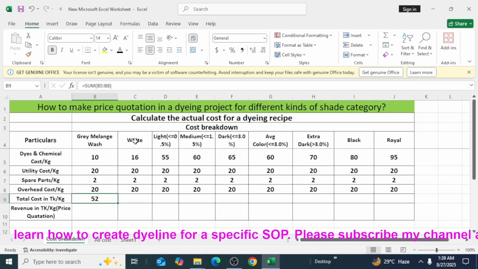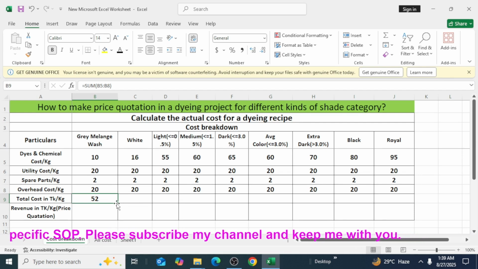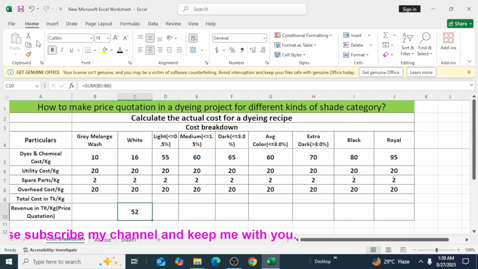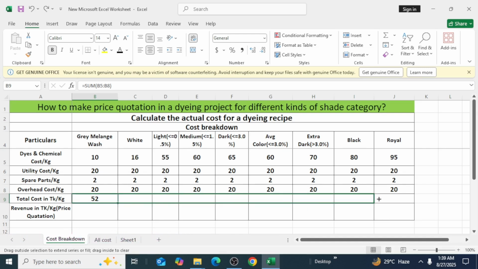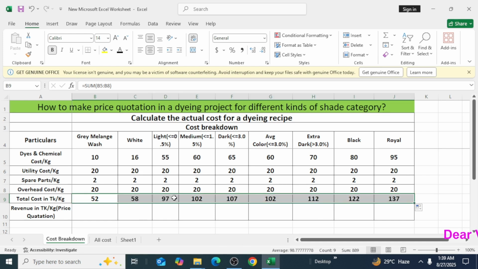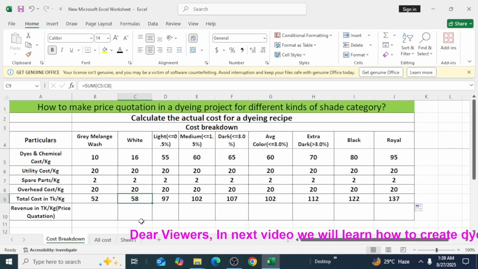In this way for other shade categories your total cost will be these amounts. That means for white color your total cost 58 taka.